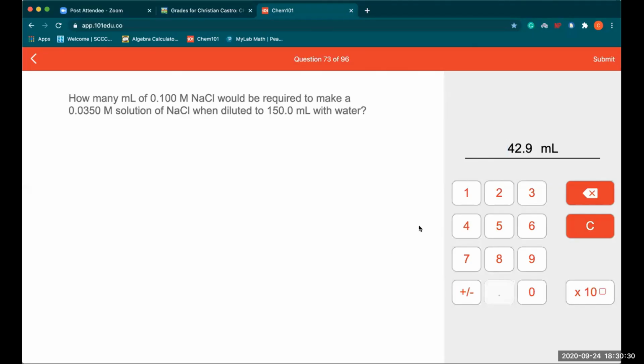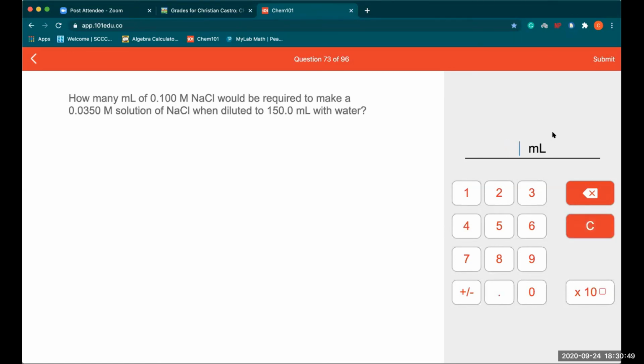Okay. So how many milliliters of 0.1 molarity sodium chloride would be required to make 0.035 molarity solution of sodium chloride when diluted to 150 milliliters with water?